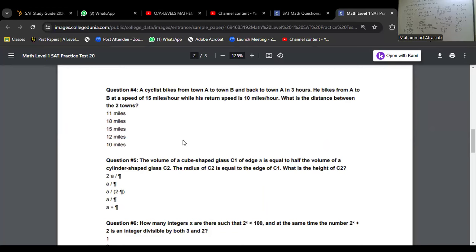Question number 5. The volume of a cube-shaped glass C1 of edge L is equal to half of the volume of the cylindrical-shaped glass C2. The radius of C2 is equal to the edge of C1. What is the height of C2?